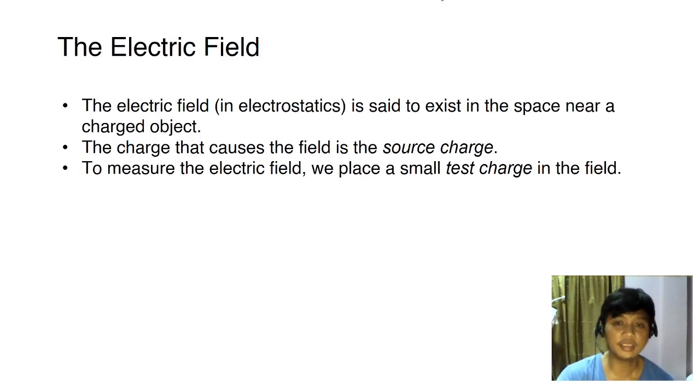So the electric field is said to exist in the space near a charged object. The charge that causes the field is the source charge. Why is it called the source? Because it is the source of the electric field. But to measure the electric field, we place a small test charge in the field. So there's a difference between a source charge and a test charge.